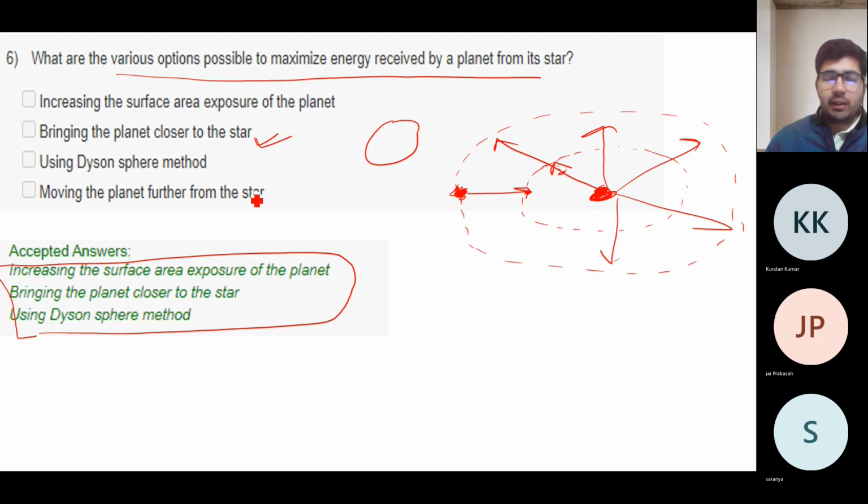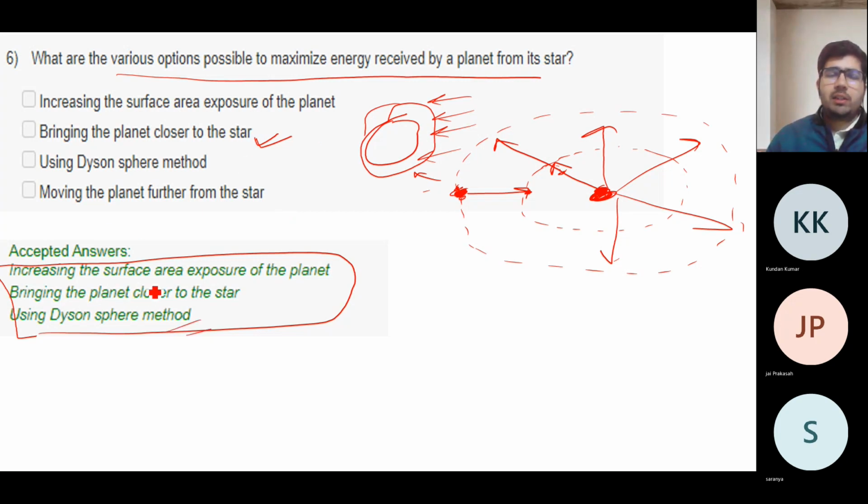If by any method we are able to increase the surface area, it means more surface is there to receive the energy, so automatically the energy received by the planet will increase.